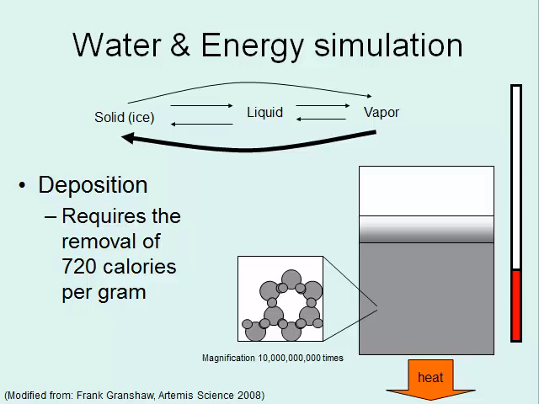So this is the way water and energy relate to each other. So again, when we're moving to the right in this flow chart, we are adding heat to the system. When we're going the opposite way here to the left, we are removing heat from the system.